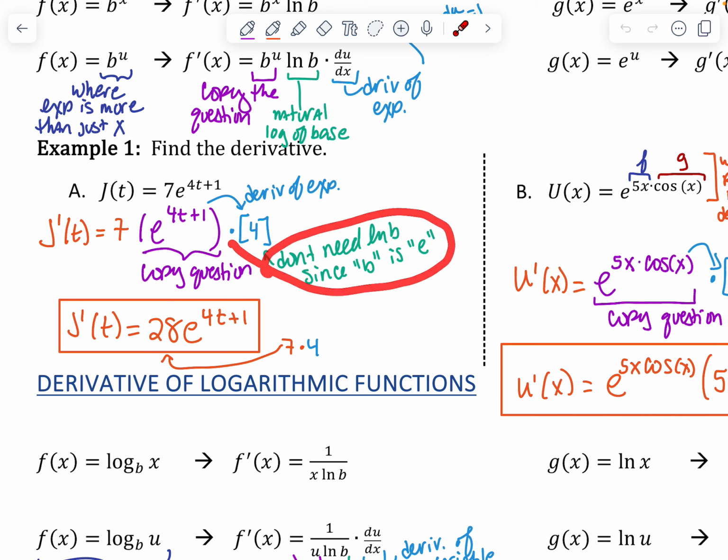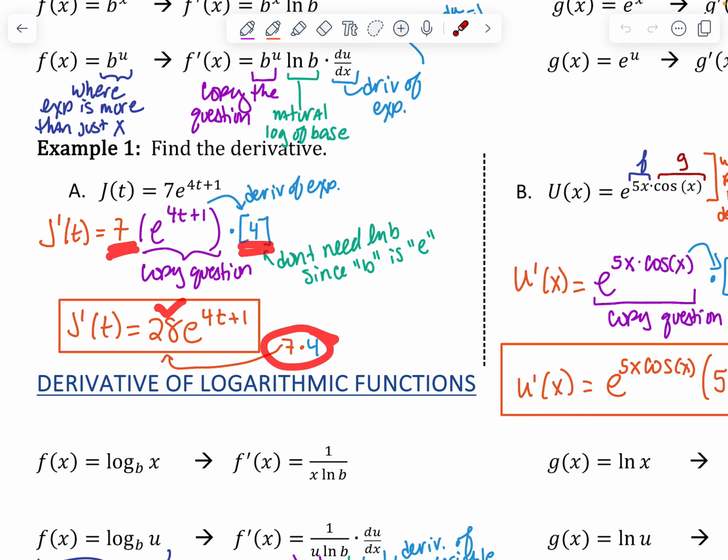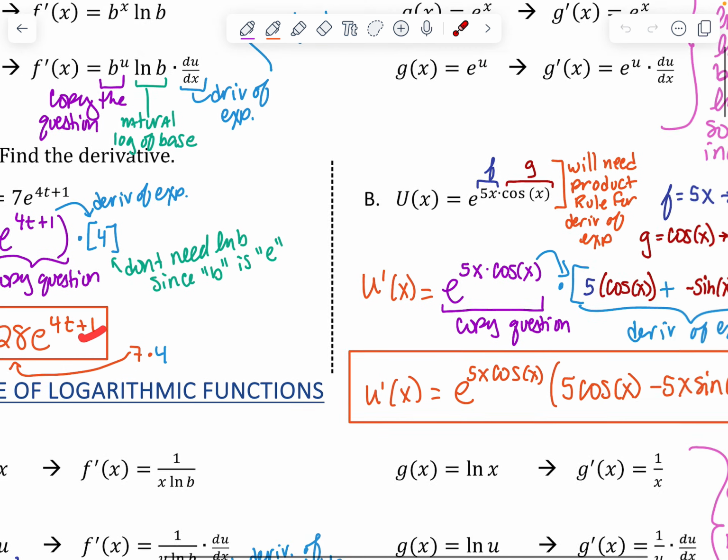I don't need to include the natural log of the base because our base is e and that would simplify to 1. But I do need to take the derivative of the top, this du/dx portion, which is 4, and then I can multiply the 4 and the 7 to get 28 in front of the equation.